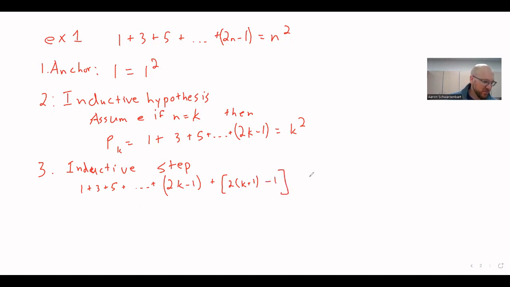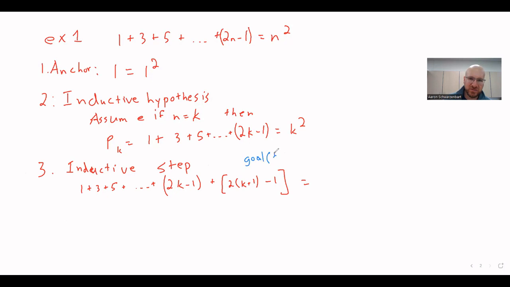And this, some books won't let you show what you're trying to make. Essentially, I am trying to show that this equals k plus 1 squared. So my goal is to get to parentheses k plus 1 squared. And it's always good to have this.